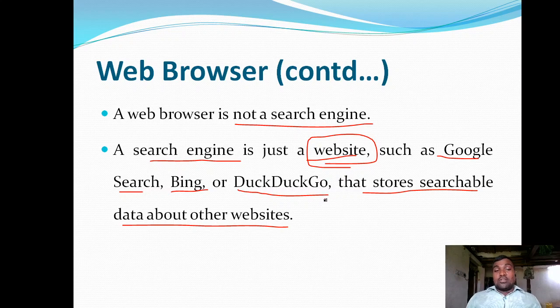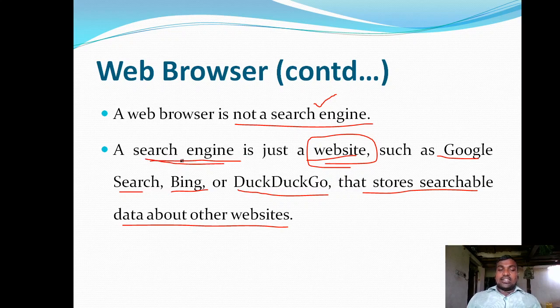We have another session in which we are going to discuss what a search engine is, what the different kinds of search engines available are, and what the features of those search engines are. That can be discussed in an upcoming lecture. Right now we are restricting our discussion to the definition only.